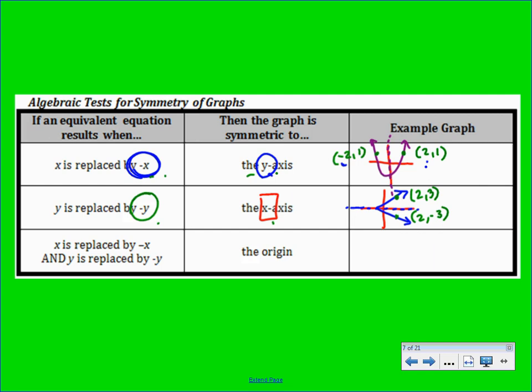Cool? Okay. The last type of symmetry is called origin symmetry. And this is probably new, although technically we did do it a little bit back when we did sine and cosine graphs. We'll talk about it very briefly. Origin symmetry is when it rotates 180 degrees around the origin.